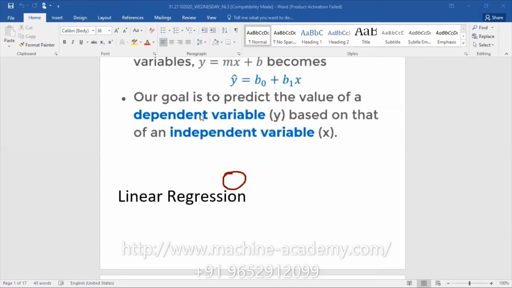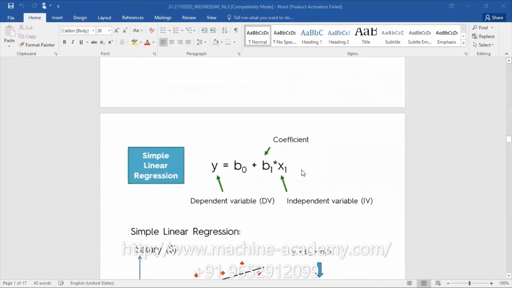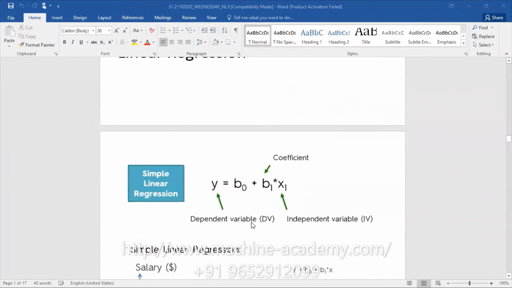Where y is a dependent variable and x is an independent variable. b1 is a coefficient, and b naught is considered as a constant.